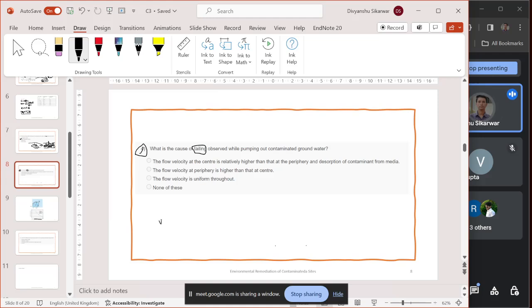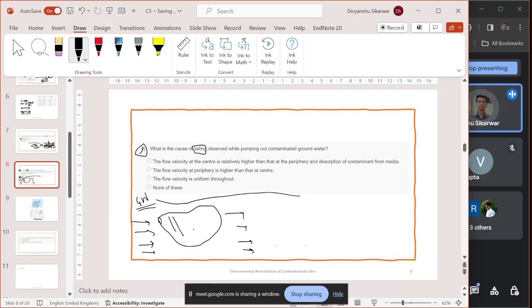If this is the contaminant source and it has started spreading, we are discussing this specifically for groundwater. Week three was specific to groundwater. If a contamination source has spread in this particular zone of groundwater, and we have groundwater flow in this direction, we want to stop it.